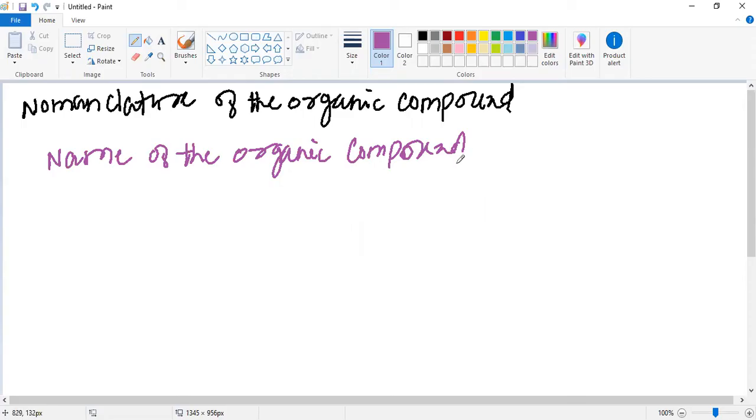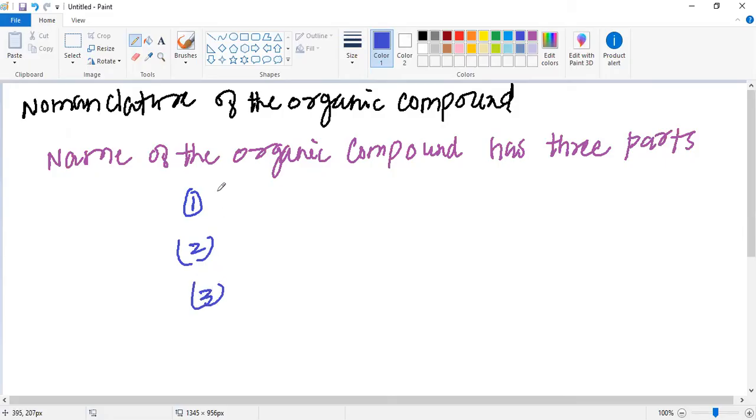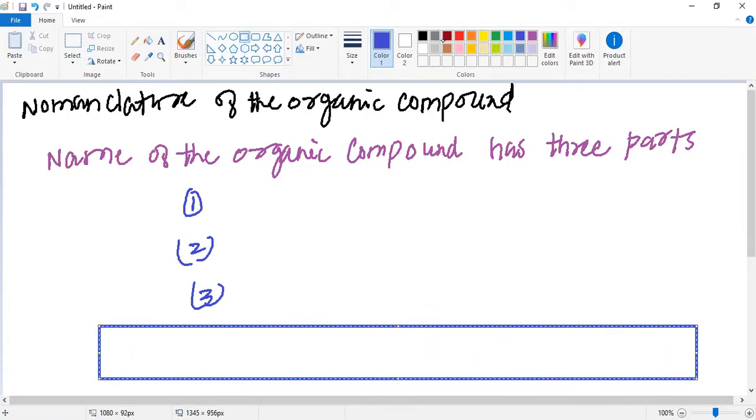this name of the organic compound has three parts, my dear students. It has got three parts: number 1, number 2, and number 3. If you really want to write the organic compound, we shall write it in this manner, dear students, that it has three parts.